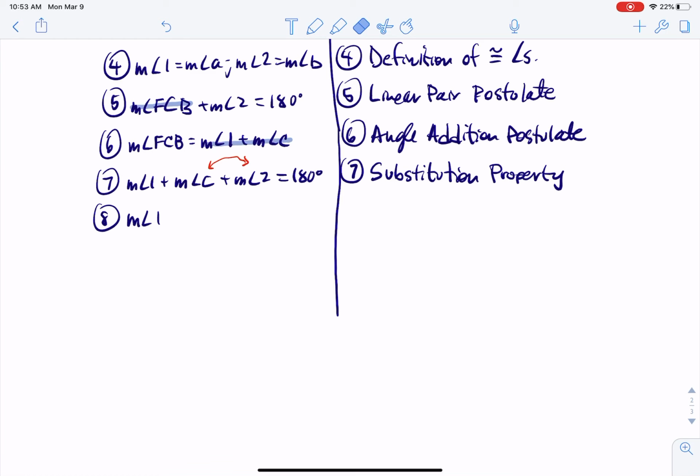So the measure of angle 1 plus the measure of angle 2 plus the measure of angle C is equal to 180 degrees. Again, I just switched those two out. What allows me to do that is the commutative property of addition.